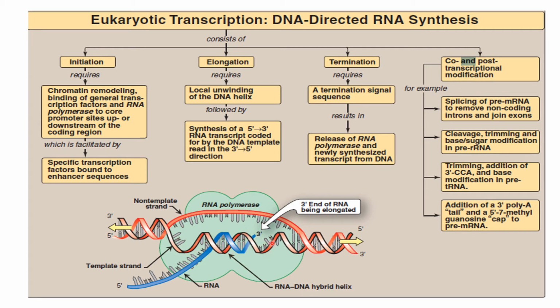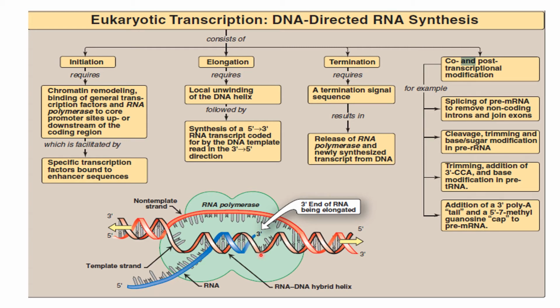The RNA polymerase enzyme always reads the nucleotide sequence on the DNA in 3' to 5' direction, but it has the ability to synthesize a nascent RNA, a ribonucleic acid polymer, in 5' to 3' direction.